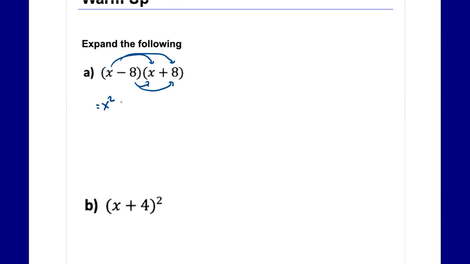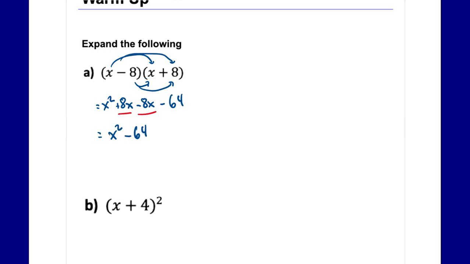X times 8, we get plus 8x, minus 8x, and then we get minus 64. I can go through and collect like terms, which would be my two middle terms. I get x squared, 8x minus 8x is just 0. It cancels out. So x squared minus 64.